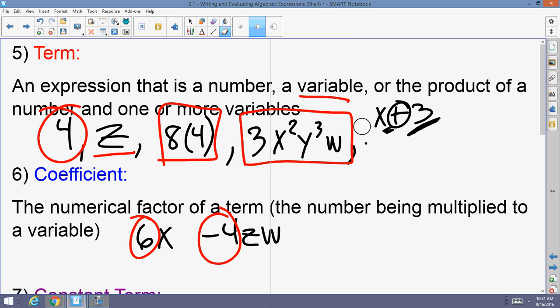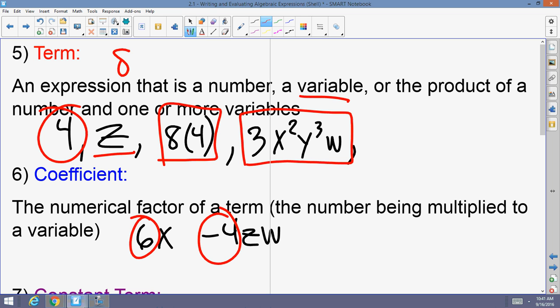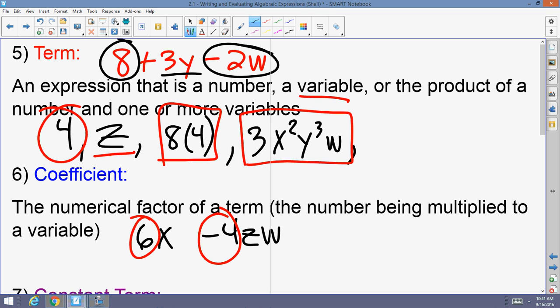If you put in addition and subtraction, now you have several different terms. So if I have 8 plus 3y minus 2w, how many terms do I have? 8 is a term because it's a number. 3y is a term because it's a product of a number and a variable. And negative 2w is a term because it's a product of a number and a variable.